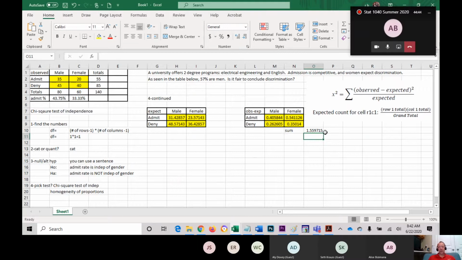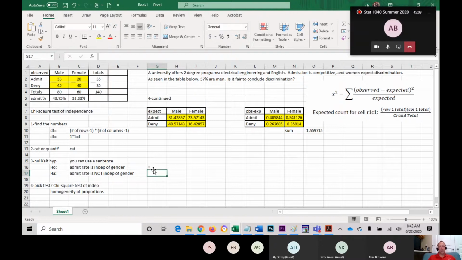Now, one other thing that I forgot to mention. When we're talking about admit rate being independent of gender, normally we would put an equal sign here, right? And I wouldn't allow you to put a times there. But essentially what we're saying is the admit rate for the men is equal to the admit rate for the women.